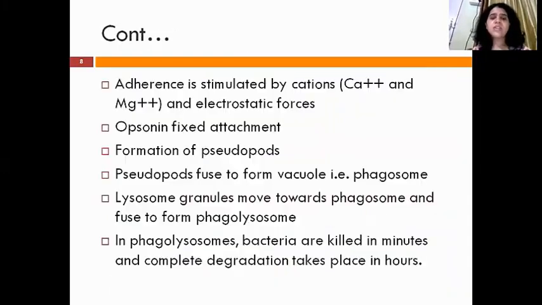During this adherence process, cations, that is calcium and magnesium, and some electrostatic forces are required. Even opsonin-fixed attachment also takes place. Opsonins are the small projections present on the pseudopods, which help in the attachment of that particular bacteria.